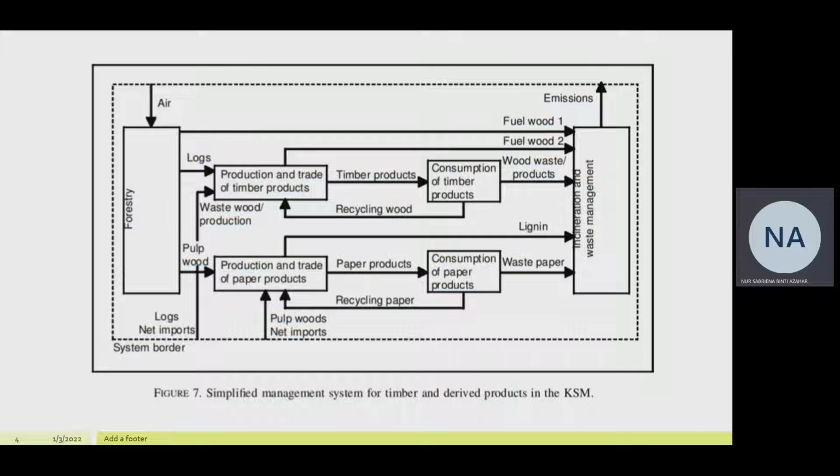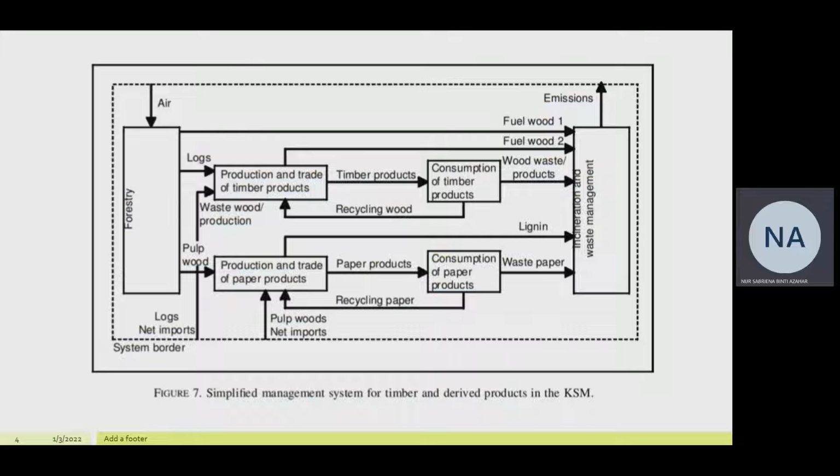The second one is the production and trade of timber products. In this process, all kinds of products are manufactured from logs, either from the local forest or from other regions. They are distributed to the consumer, and the byproducts of this process are distributed to the production and trade of paper products, or incinerated and subjected to waste management.